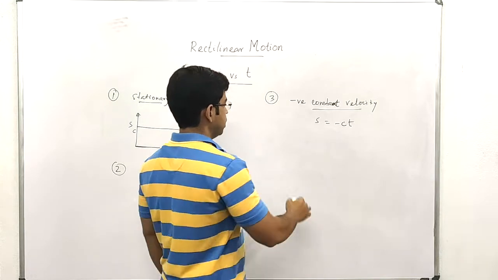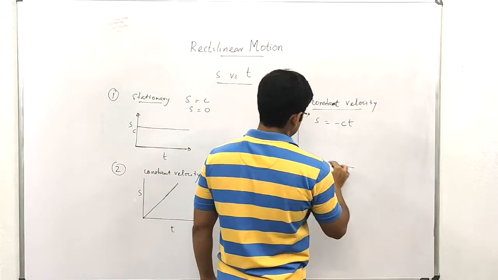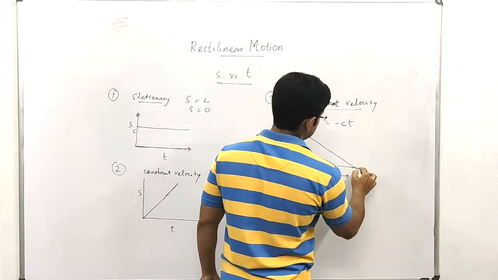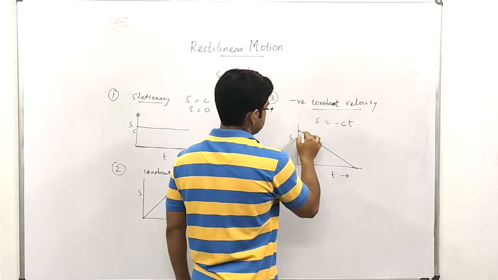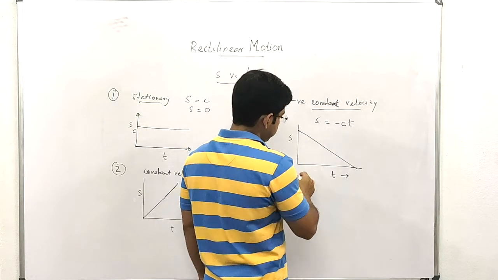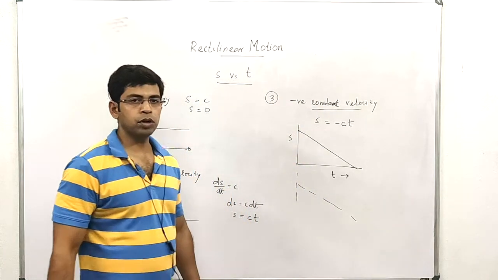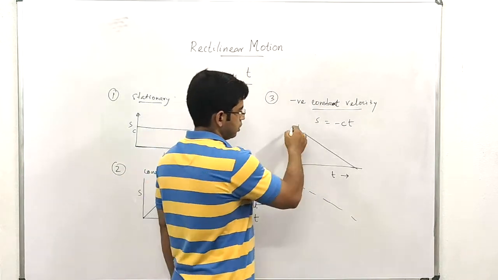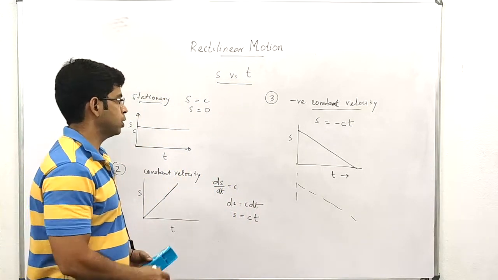That means again the graph will be a straight line but with a negative slope. It will start from a certain positive or maybe negative, certain value of displacement, and the graph will be of negative slope.